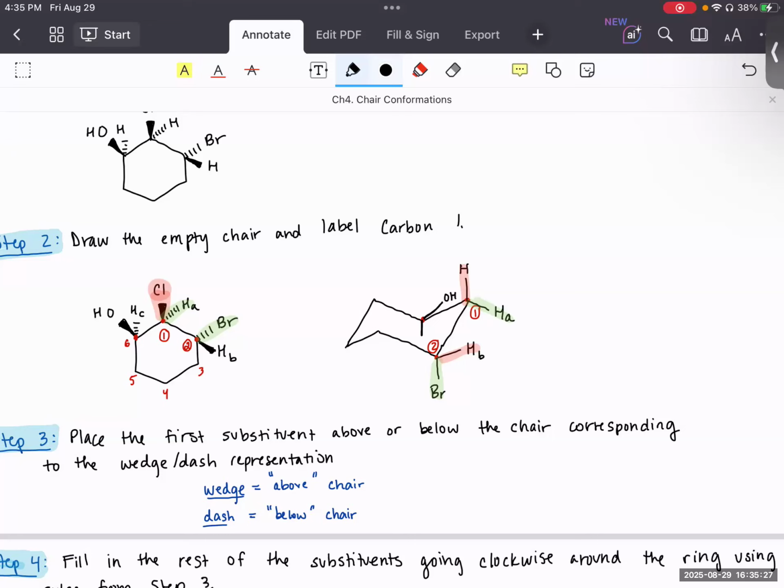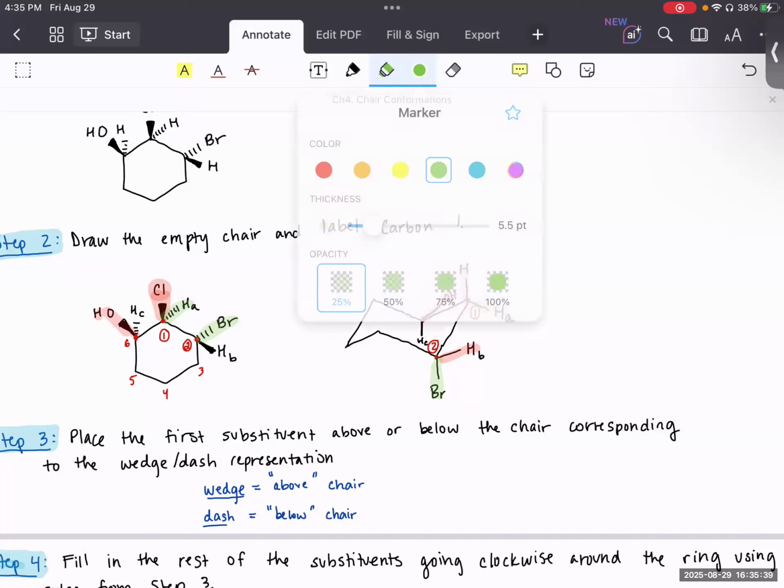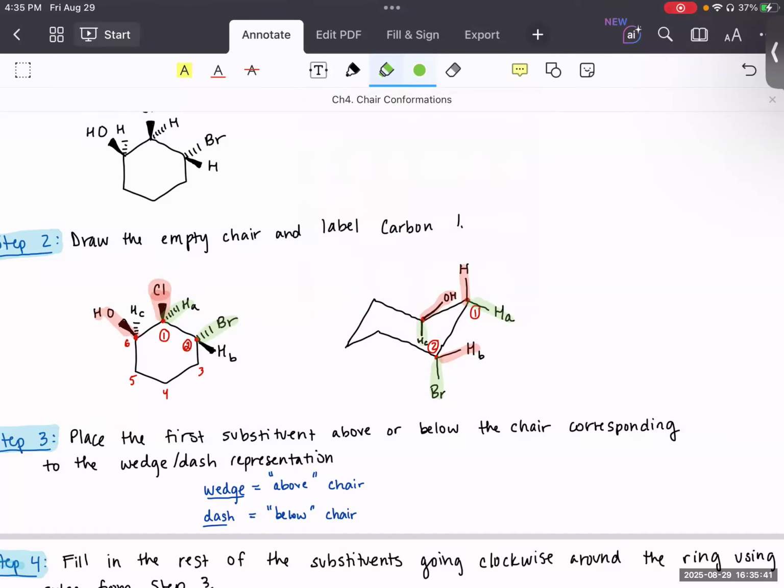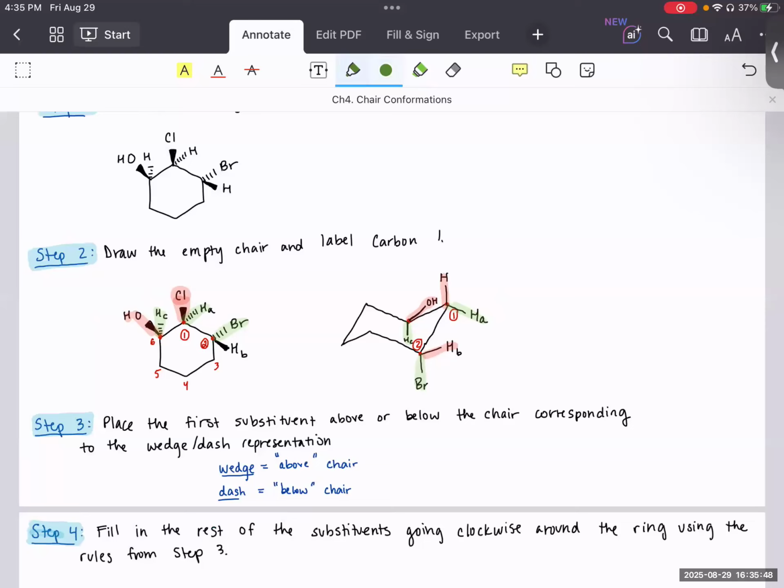And our HC is dashed, and so that wants to go on that line that projects downward. Similar to the other ones, the wedge group, which is that OH, is tilted up. And that green one, or HC, represents a dash group and is tilted down. And tilt is not the same thing as being axial or equatorial. That's two different things. We're just using the lines to help represent whether it's dashed or wedged.